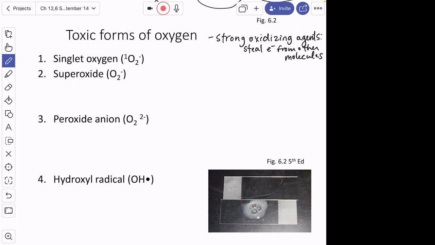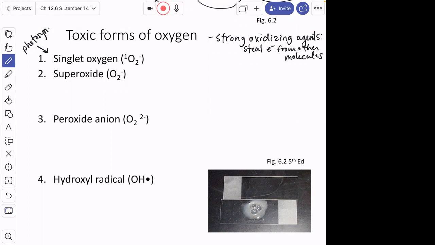Where do they come from, and what can cells do to counteract that toxicity? Singlet oxygen is actually formed during photosynthesis. It's oxygen that's been boosted up to another energy level.